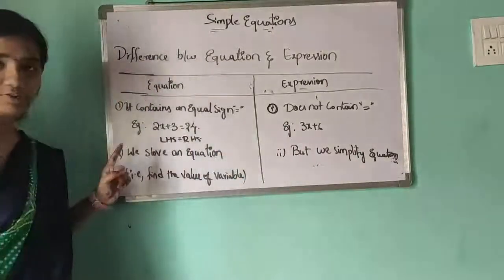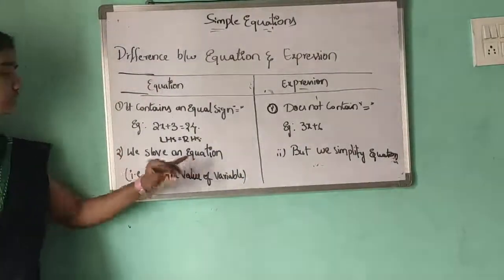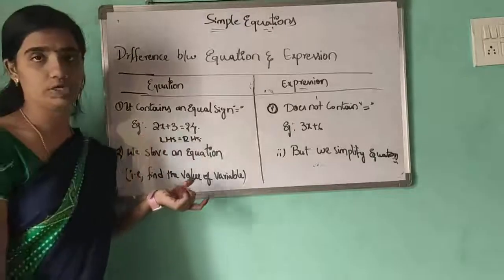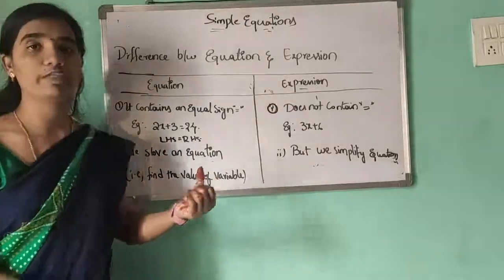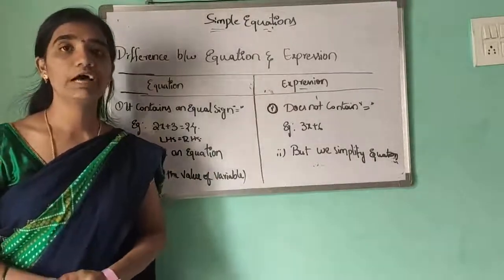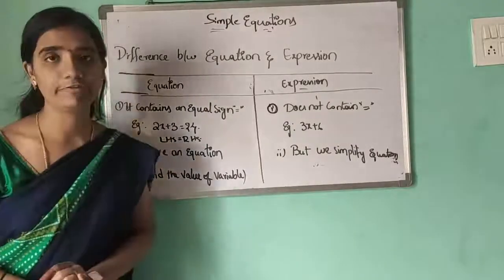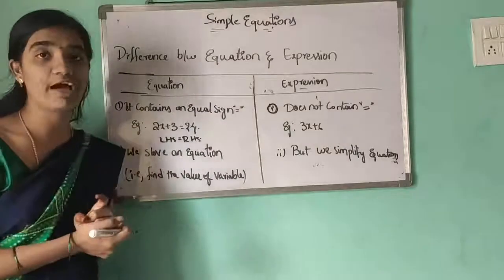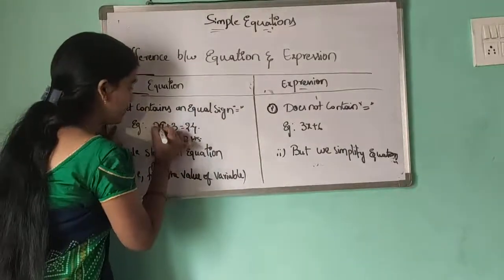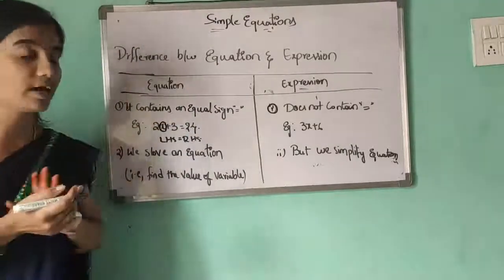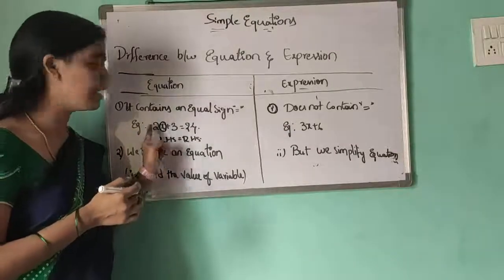Second, we solve an equation: find the value of the variable. In this example, 2x plus 3 equal to 24, which is the variable? x is the variable, so we have to find the value of the variable.